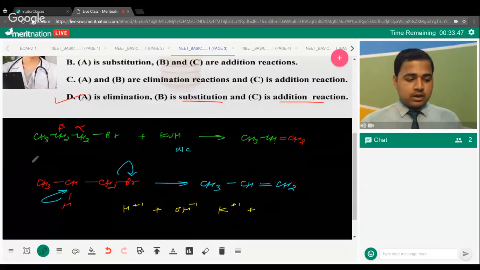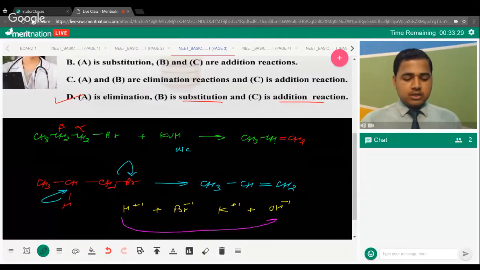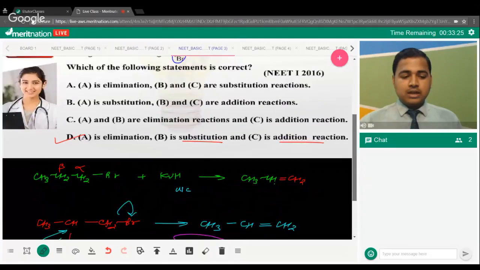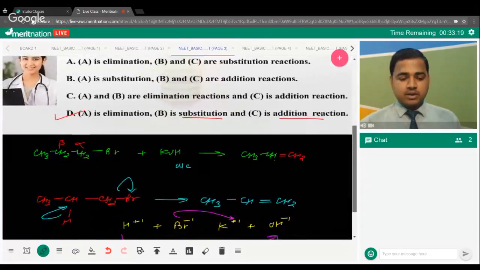So H plus and OH negative form H2O, and K plus and Br negative form KBr. These ions combine with each other. So this H plus is combined with this one, and this Br negative is combined with this one. Finally, this is our elimination reaction, H2O along with KBr. We found it. This is the elimination reaction.